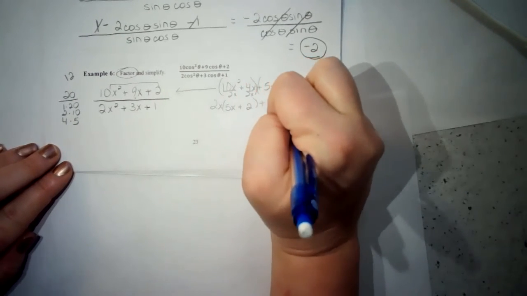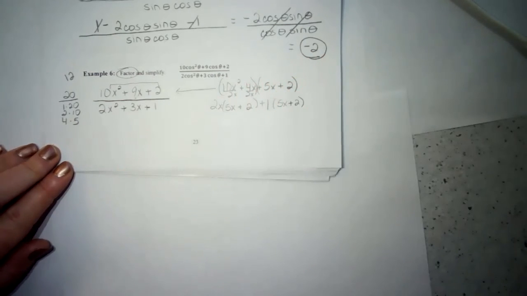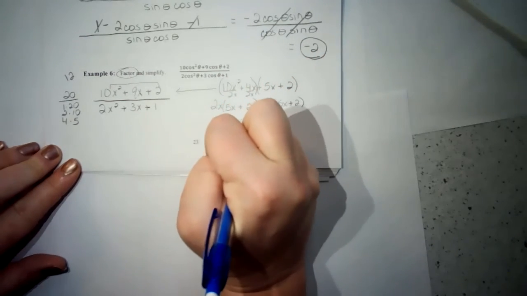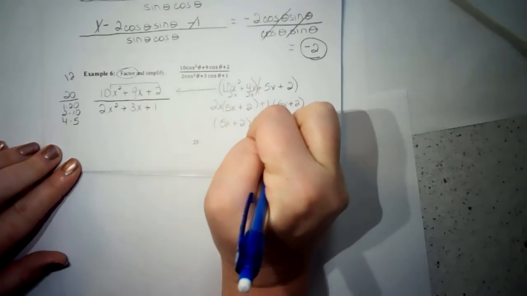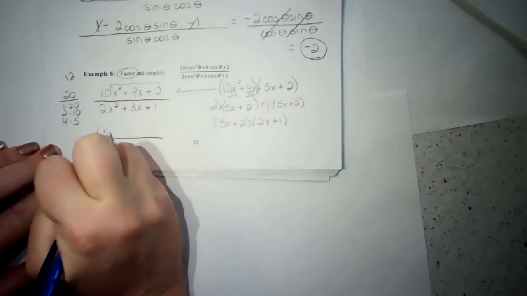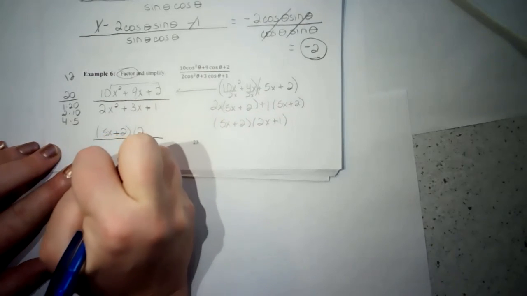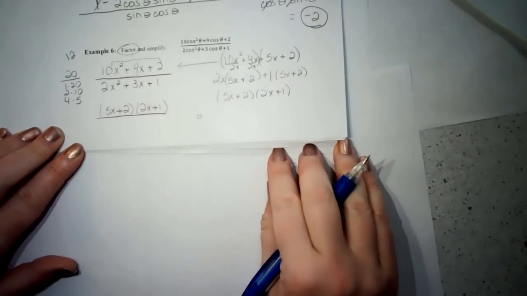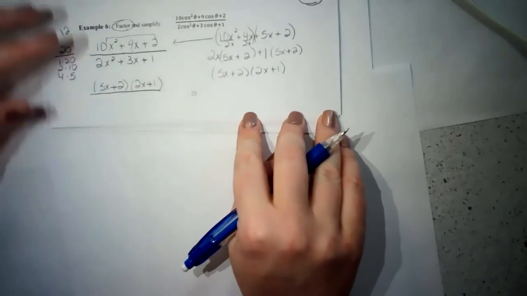All I can do here is pull out a 1. And then when I finish grouping, that's what I have. So my new numerator is going to be 5x plus 2 in one packet and 2x plus 1 in the other packet. However you did that, you can put them in either order.